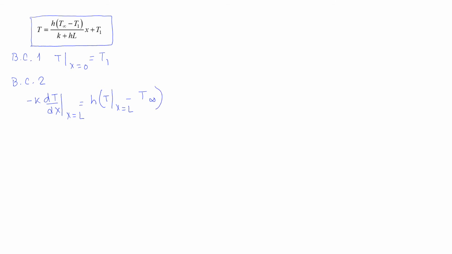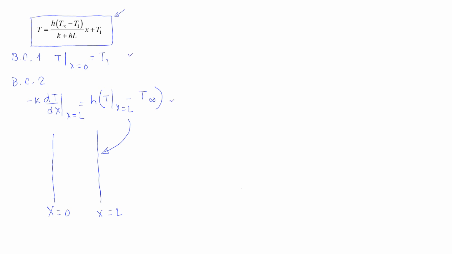If you think of a diagram like that, this is my x equal to 0, this is x equal to L, and this boundary condition is on this surface. So let's see that the solution we got indeed satisfies these two conditions.